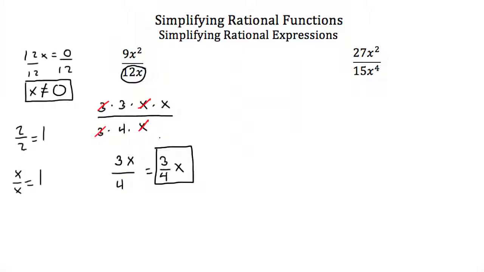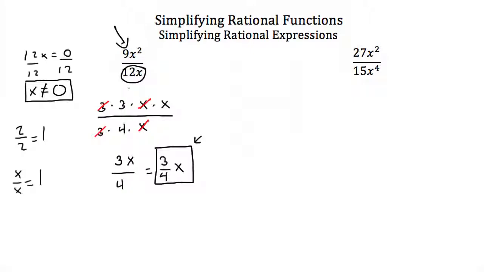Now notice that our simplified expression here, 3/4 x, doesn't have any variables in the denominator. The domain of this function would be all real numbers. But this function came from our original rational expression, or rational function.